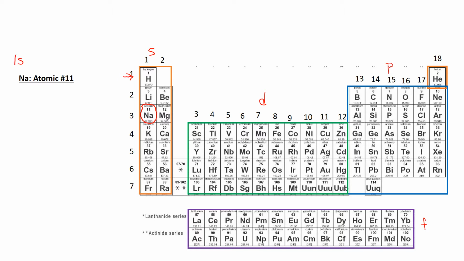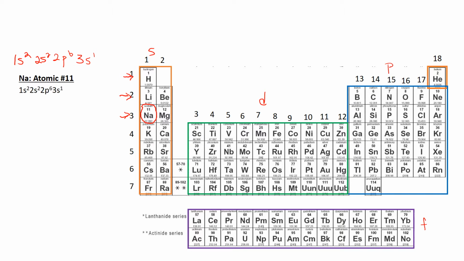So at that first row, I have to go through 1s2. Then I go to the second row, and that brings me to 2s2. I have to go all the way across the row, so that also gives me 2p6. And then I start on the third row, and sodium's that first element, so that's 3s1. And that's the full electron configuration for sodium.